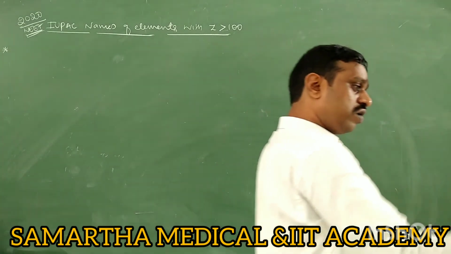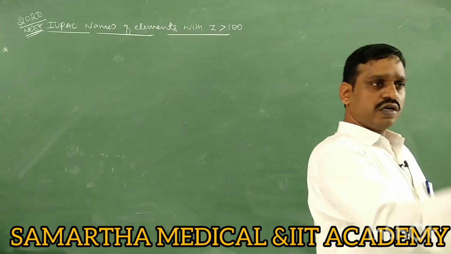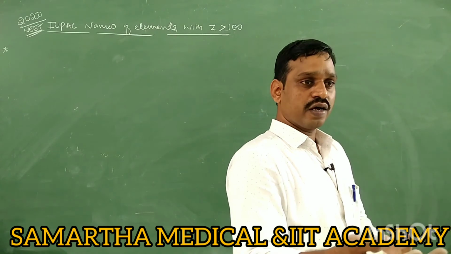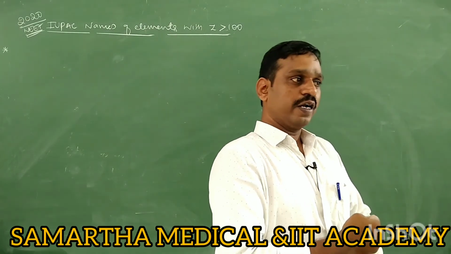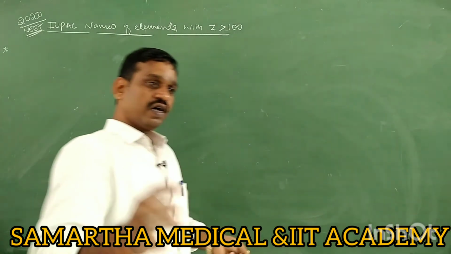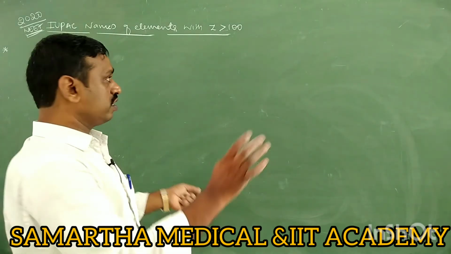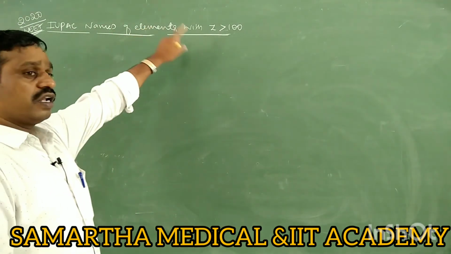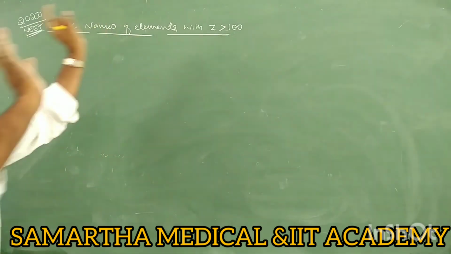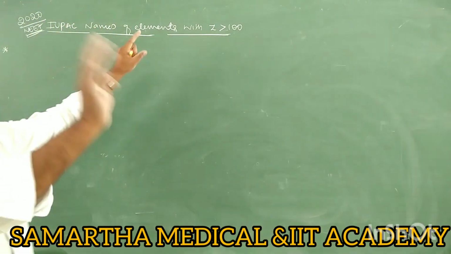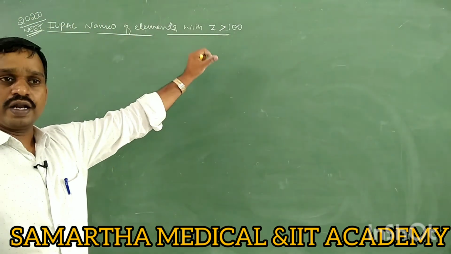If you write its common name, the name given by their interest, how long can you remember, how many can you remember? It's difficult. That is the problem with this naming. Later, after atomic number 100, they have fixed the IUPAC name.